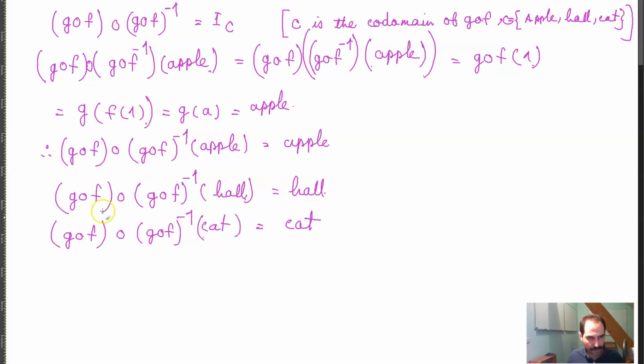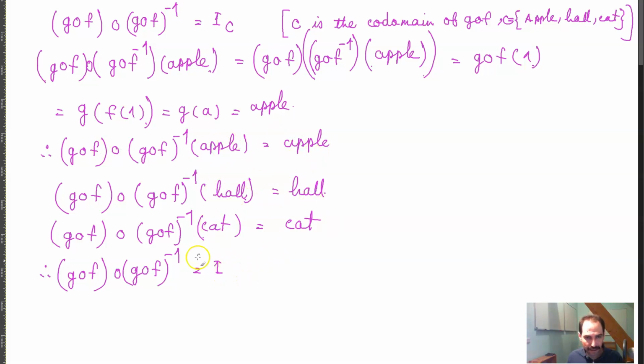Which means that this function, GOF composed with GOF inverse, is the identity function on the set that contains these elements, because you are inputting these elements into this function and you're getting the same things: apple, apple, ball, ball, and cat, cat.